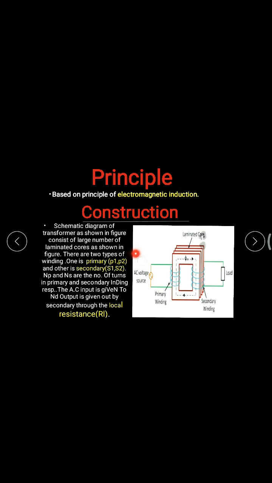When the AC input is given to this primary winding, a magnetic field is produced, and hence magnetic field lines, due to which the coil is working as the area vector, and the magnetic field lines are passing through it, due to which a flux is generated, and the output is given by the secondary winding through the load resistance, and the appliance or the load works.